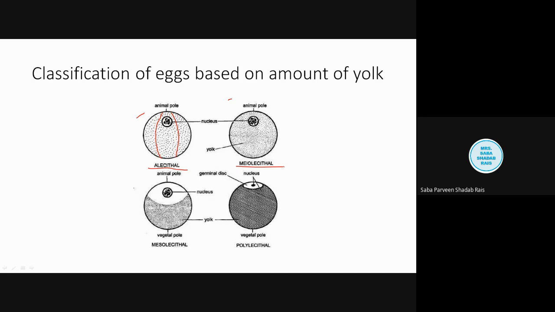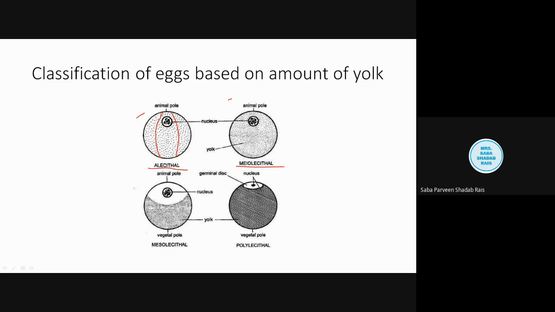Okay, then the next category, meiolecithal or microlecithal. Here yolk will be there, but the quantity will be very little and evenly distributed. Where will you find this type of egg? We have seen that the alecithal egg is found in animals that form the placenta, or the ones which go for metamorphosis.